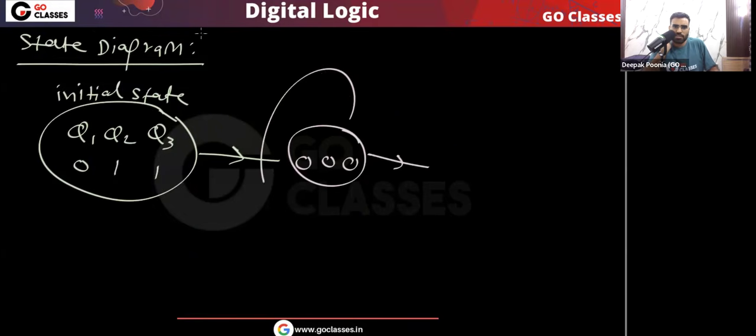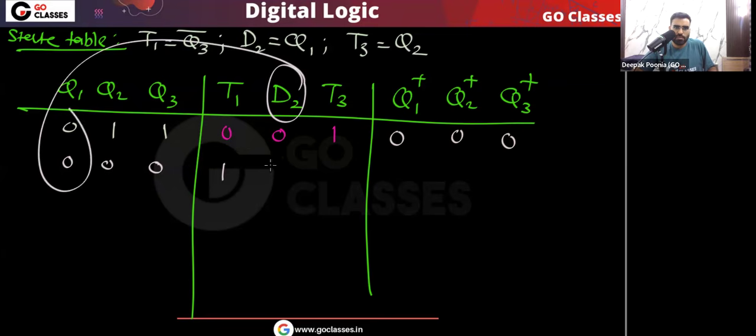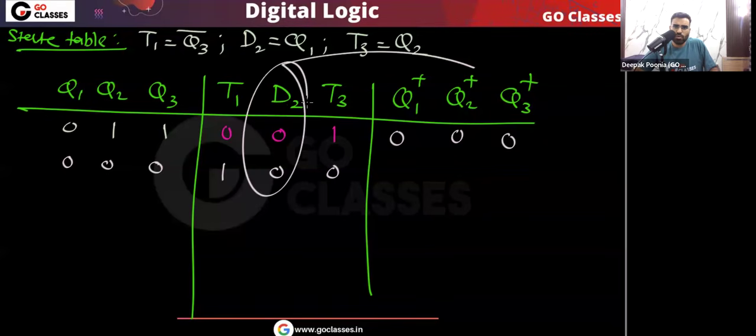Very simple. Now, from 0, 0, 0, what will be the next state? Assume that 0, 0, 0 is the present state. Again you find T1, D2, T3. T1 is Q3 complement, D2 is Q1, and T3 is Q2.